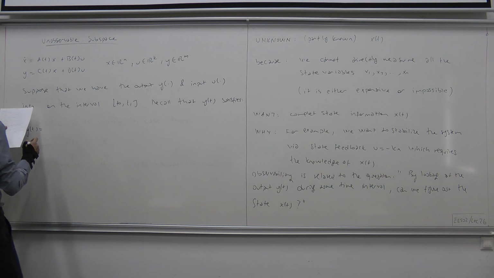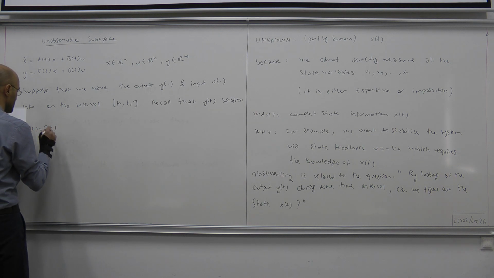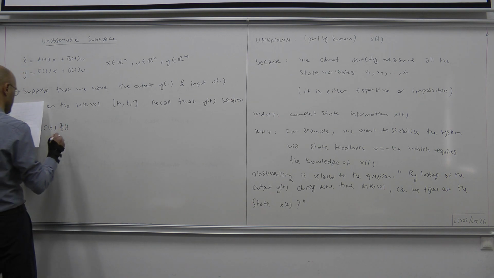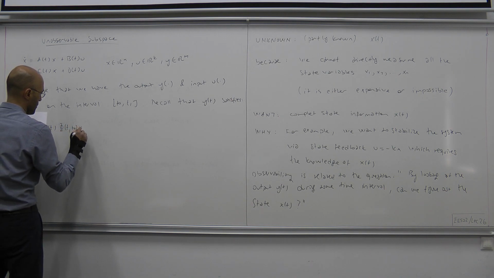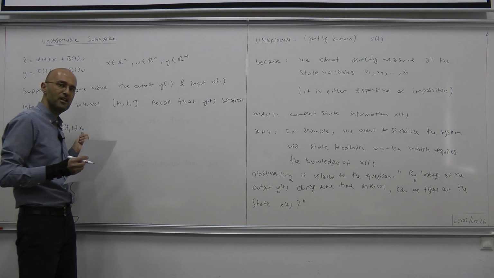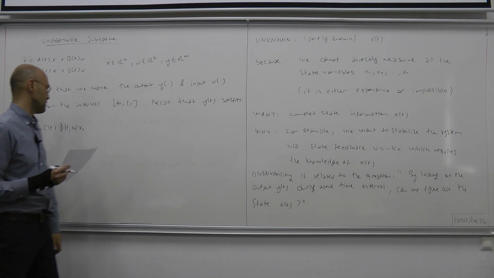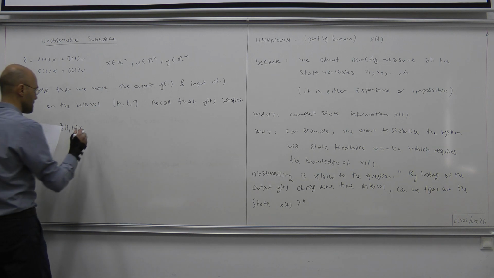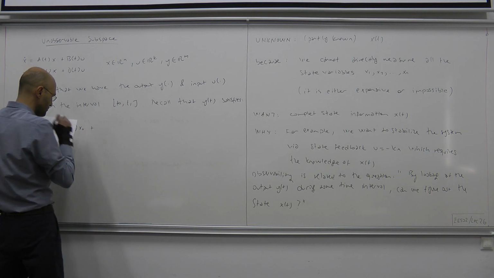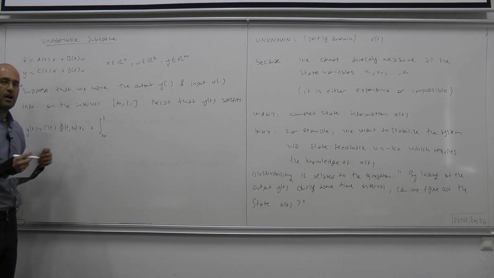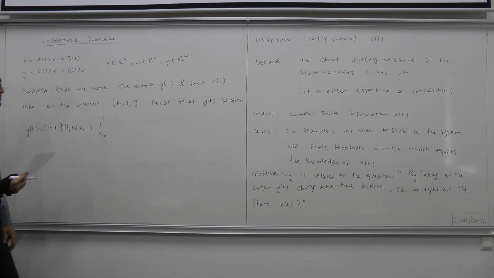So y of t equals C of t times phi of t, t0, x0, where x0 is the initial condition of the state at the initial time t equals t0, plus C of t times the input term.